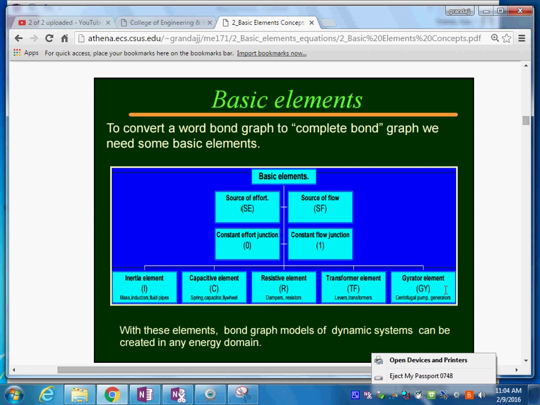It conserves energy, it transforms energy, but the only difference between the transformer and the gyrator is that in the case of the gyrator, the variables are crossed. That's why it's also called a cross transformer. What do I mean by this?